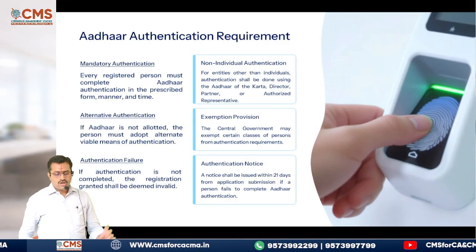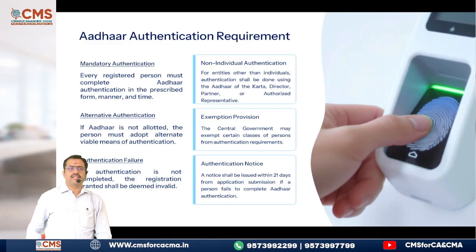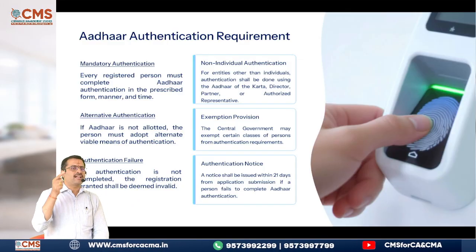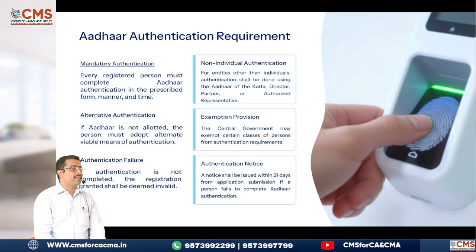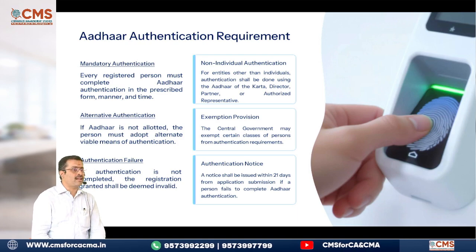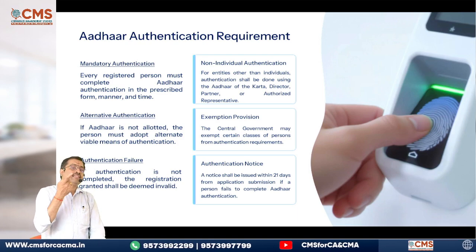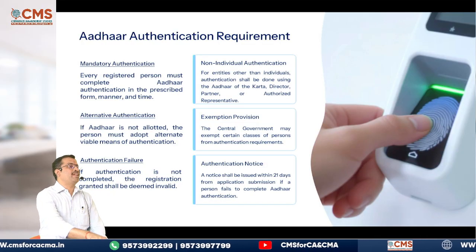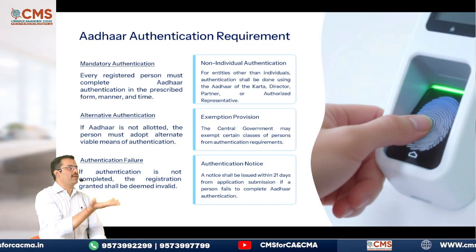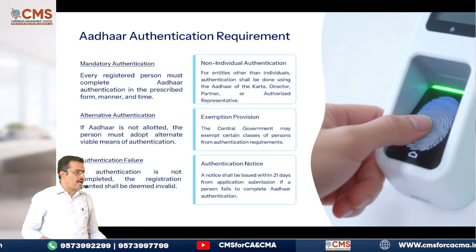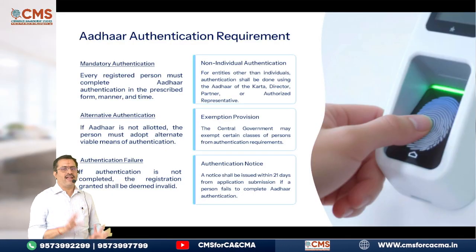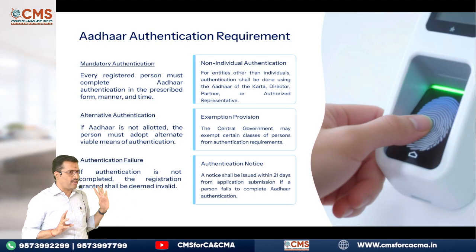Then, non-individual authentication. That means if the taxpayer is a company or a partnership firm, then the company and partnership firm will not have an Aadhaar number. Then what? The concerned person's Aadhaar number should be given for authentication. Like in case of a company, a director. In case of a partnership firm, the partner's Aadhaar number should be given and it should be validated in the same way as it is done for individuals.